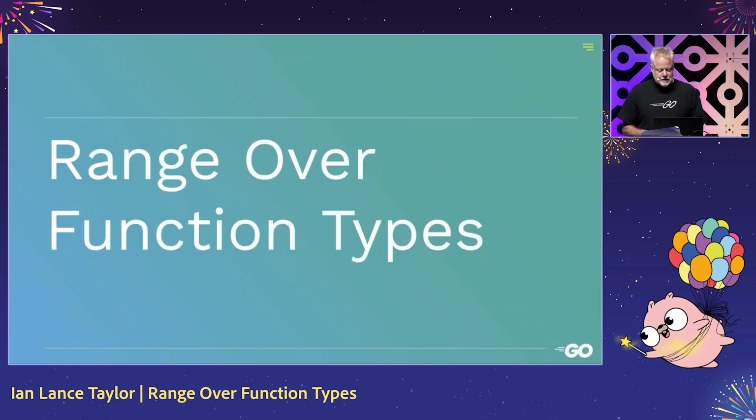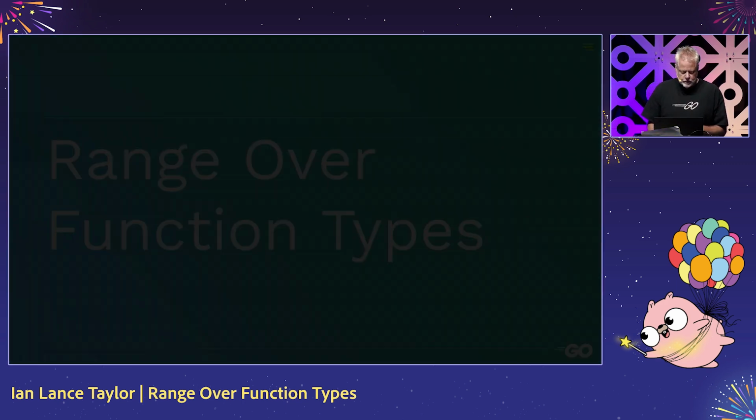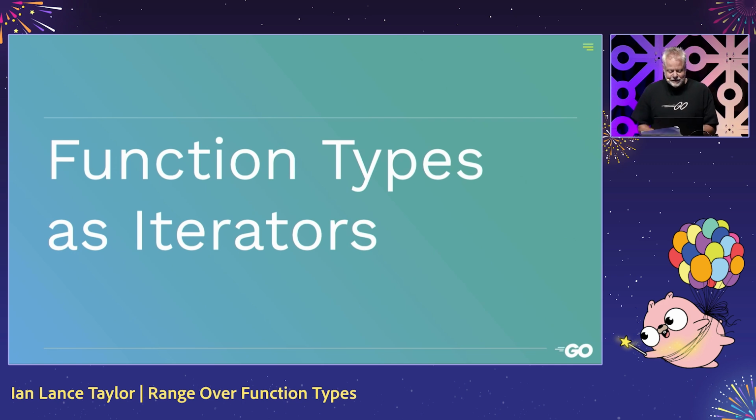In Go 1.23, we're going to extend the for range statement to support ranging over function types. We'll soon see how this helps loop over user-defined containers. We're also going to add standard library types and functions to support using function types as iterators. A standard definition of iterators will let us write functions that work smoothly with different container types.